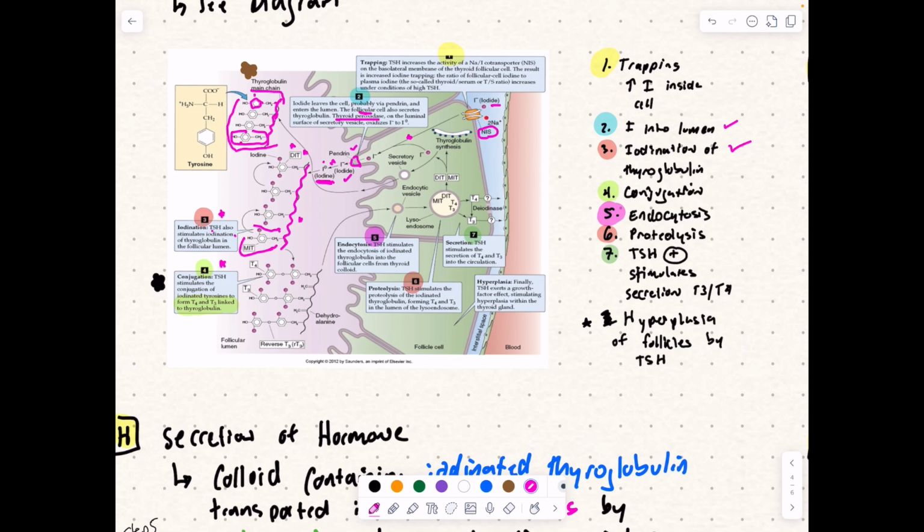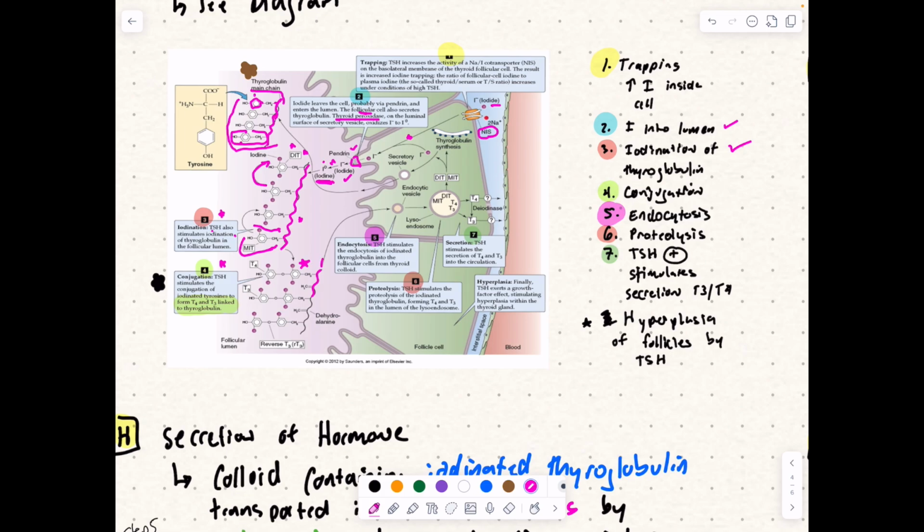So we're going to take 2 DITs and smush them together, and then we get a T4 molecule on our thyroglobulin.